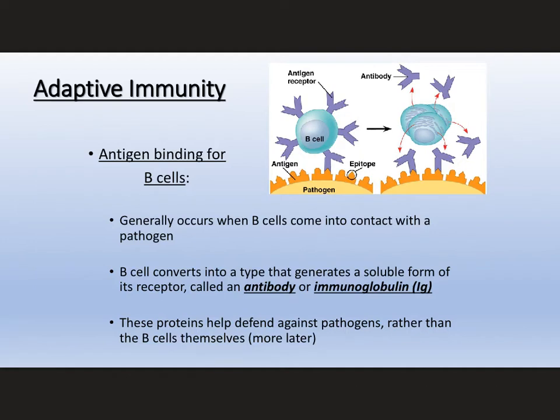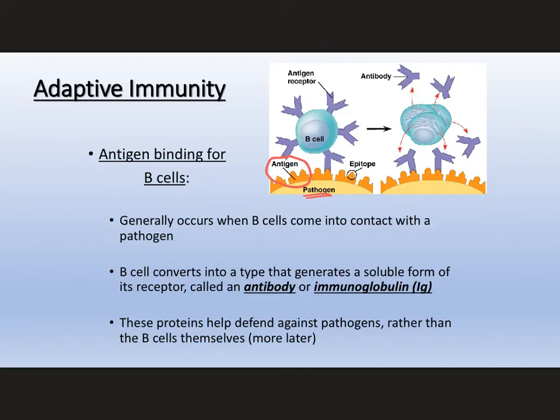Now, what a B cell does is recognize antigens. So here we go again. Antigen is anything that the body responds to. It might be a protein on the surface of a pathogen.